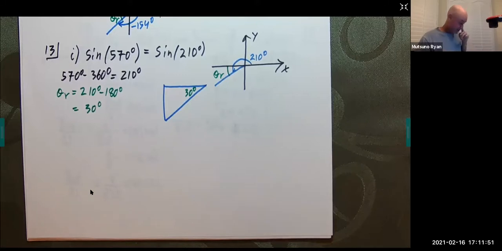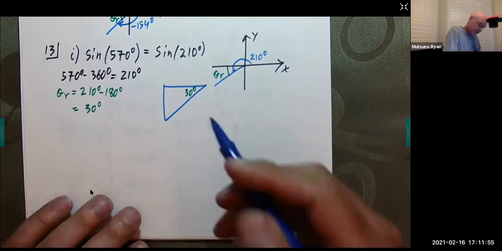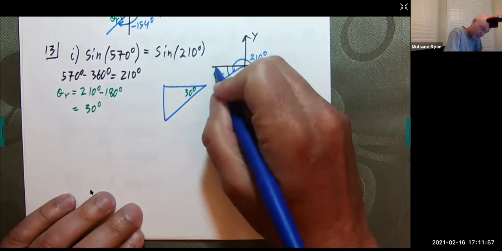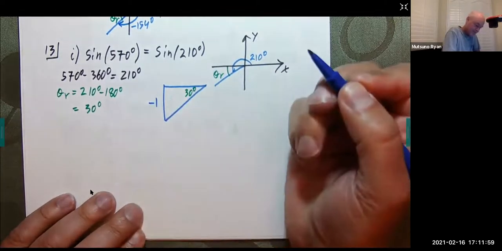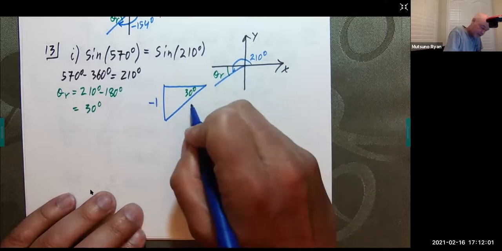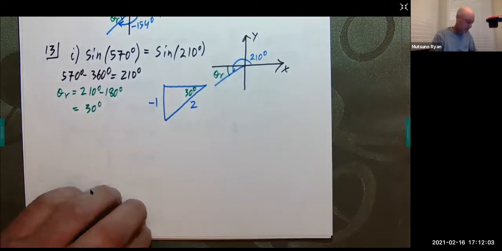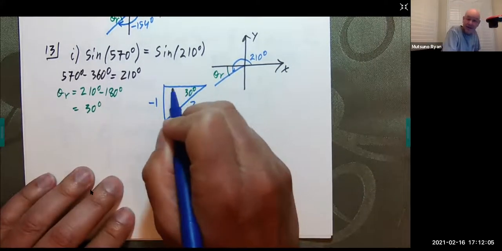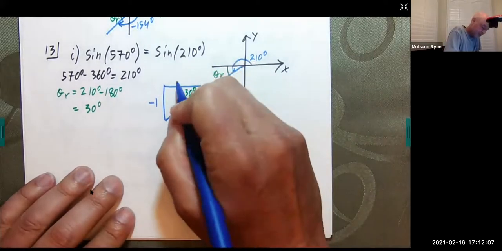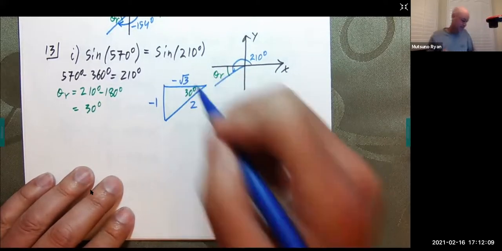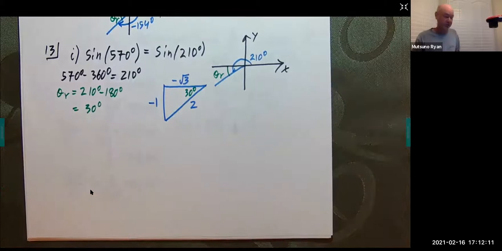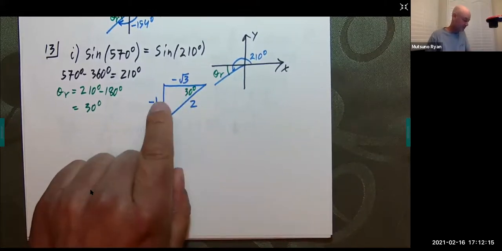So that gives me a 30, 60, 90 triangle. Side opposite is 1. Now I'm in quadrant 3, so that's actually a -1. That makes this a 2. Hypotenuse is always positive. And this is also going to be negative. This is going to be negative √3. This is my special right triangle, 30, 60, 90 triangle. But be real careful with the signs here.